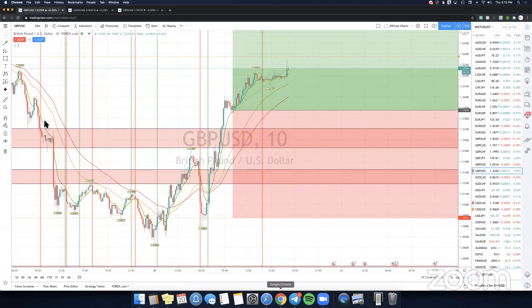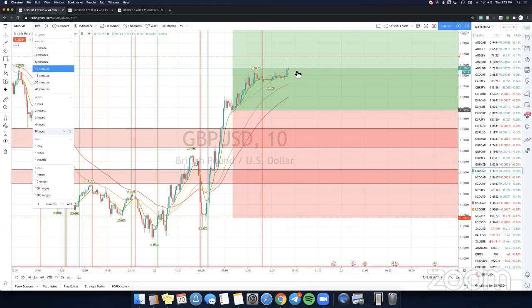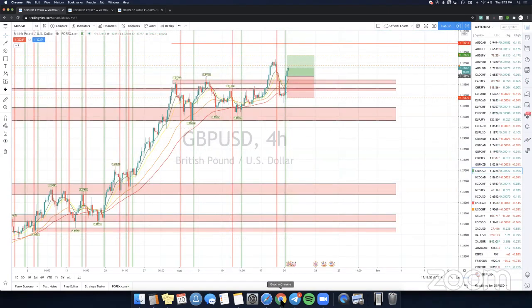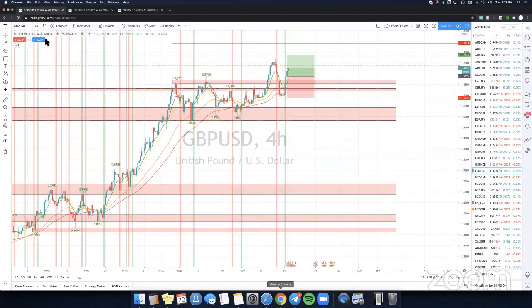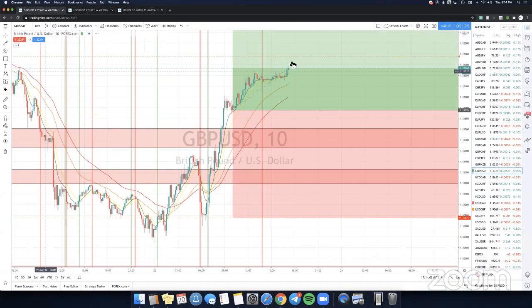We entered this trade on the 4 hour, but you got stopped out. Then you would just apply the pivot strategy on the scalping time frame, which would be like the 10-minute. So if you wanted to re-enter this, you just go down to the 10-minute. If you have a pivot entry right here, then you could have entered that trade.